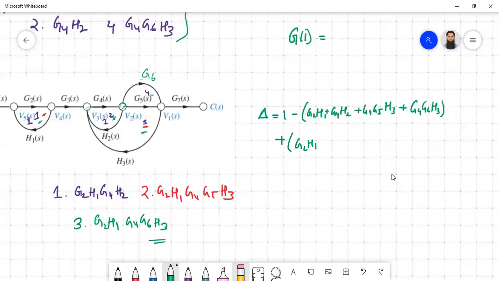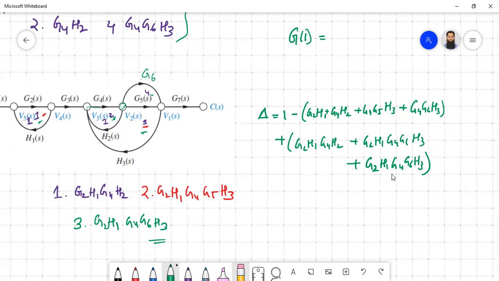G2 H1 is the common, then you have G4 H2 plus G2 H1 G4 G5 H3 plus G2 H1 G4 G6 H3. So this is del.